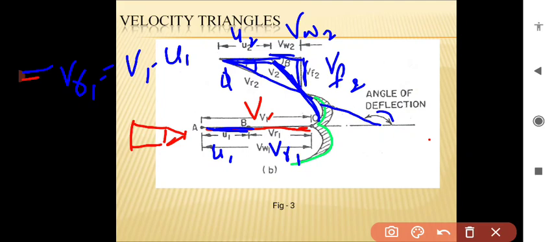From the outlet triangle, V2 is the velocity of the jet at outlet, VW2 is the whirl velocity at outlet, Vf2 is the flow velocity at outlet, Vr2 is the relative velocity at outlet, and U2 is the velocity of the blade at outlet. These are the velocity triangles.